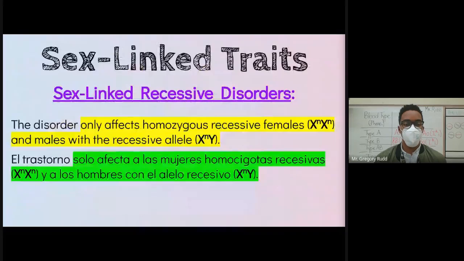So with sex-linked recessive disorders, the only way you can be affected is if you are a homozygous recessive female, meaning you're a female who has two recessive alleles, or if you are a homozygous recessive male, meaning you're a male with only one recessive allele, because remember, males only have one X chromosome. So only people with those two genotypes will be affected by recessive disorders.